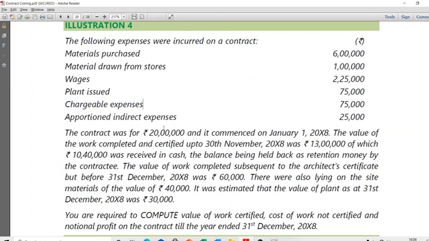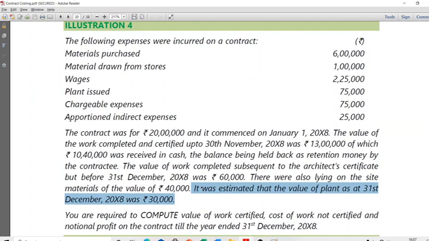Now, that fixed asset at the end of the year, if you see here in the question, it says that it is estimated that the value of the plant as at 31st December 2018 was 30,000. So you can see that in that 1 year time from 1st January 2018 to 31st December 2018, the fixed asset has dropped from 75,000 to 30,000. 45,000 rupees in value the plant has dropped.